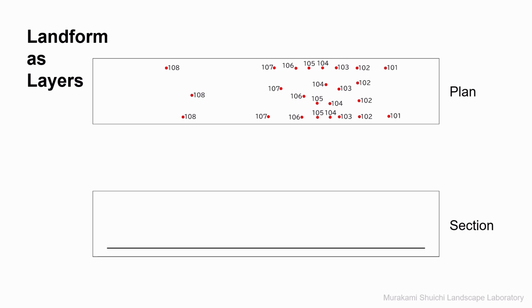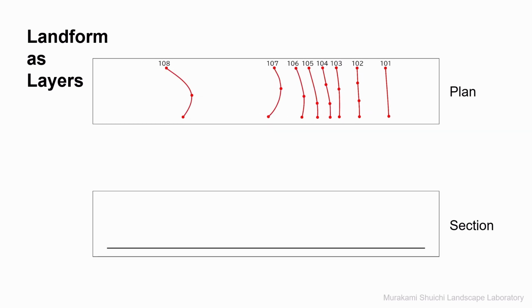Let us connect the points that share the same elevation and draw contour lines. We are able to connect elevations at 101 meters, 102 meters, 103 meters, and up to 108 meters.